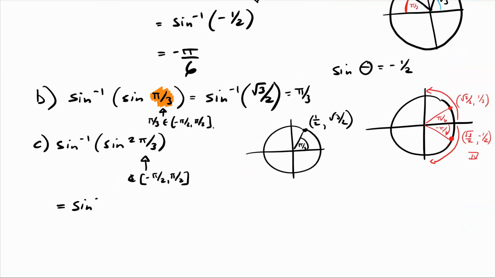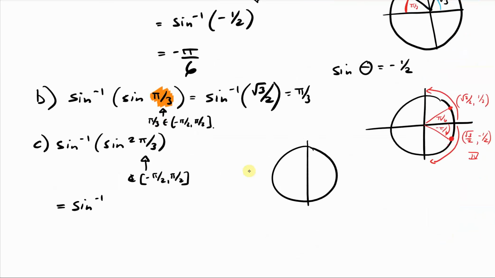So sine of 2 pi over 3, what is that? Pi over 3, 2 pi over 3. What's the sine? Well, the reference angle is pi over 3, so this is 1/2, root 3 over 2. For 2 pi over 3, it's minus 1/2, root 3 over 2. The sine value is root 3 over 2.